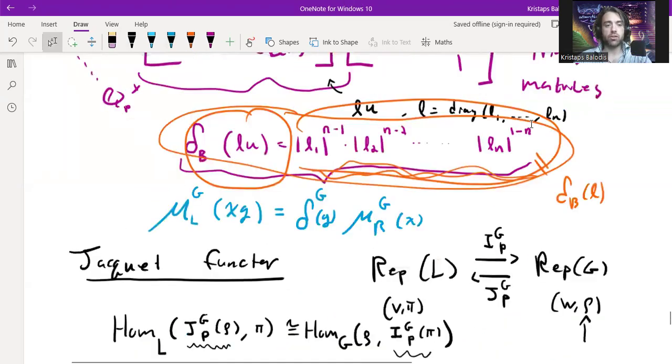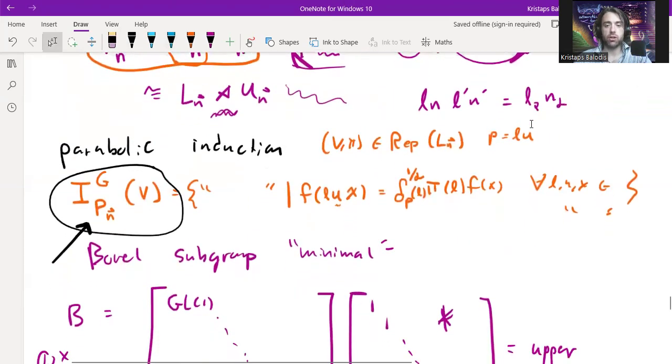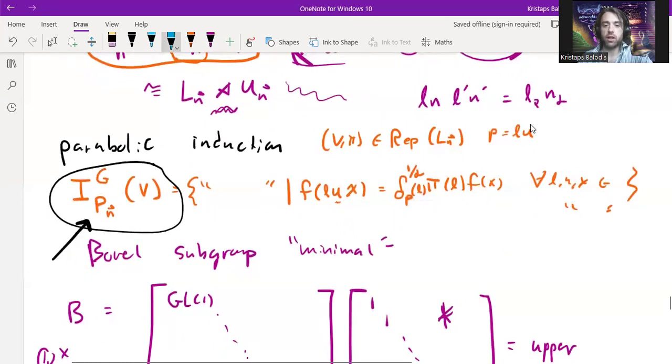When I defined the normalized parabolic induction, we did this thing called inflation.